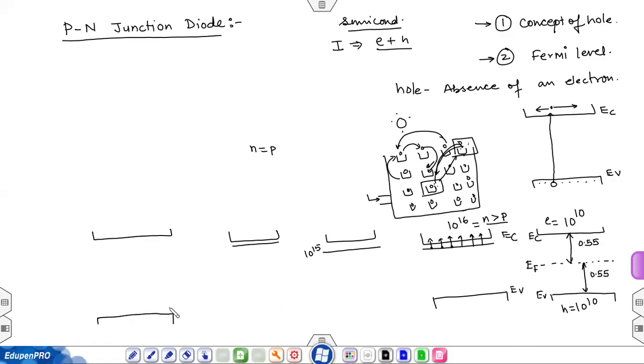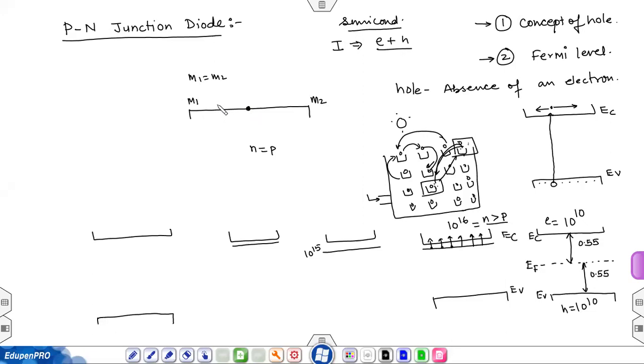Why away? Haven't you seen a seesaw, a swing, in your childhood? So tell me one thing. Let's say here there is mass M1, a student is sitting, and let's say here is mass M2. And let's say M1 and M2 are equal, then this center point is just in between.